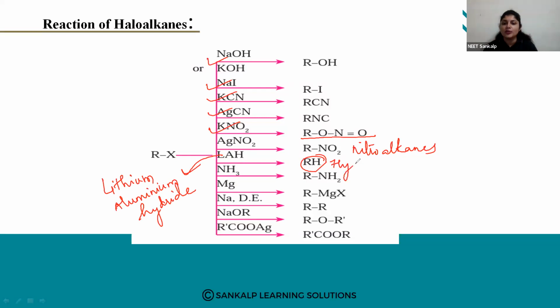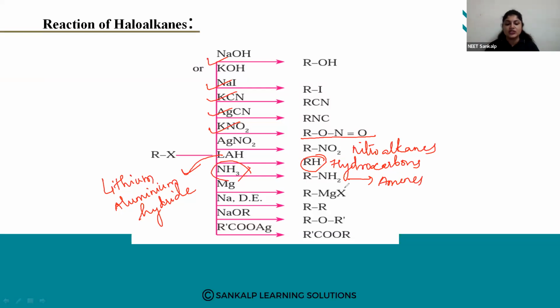It forms hydrocarbons. So lithium aluminum hydride is a reducing agent, and it will reduce it to hydrocarbons. Then if you react it with ammonia, it forms amines.